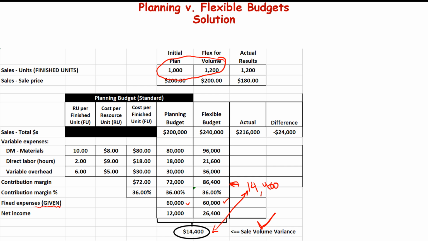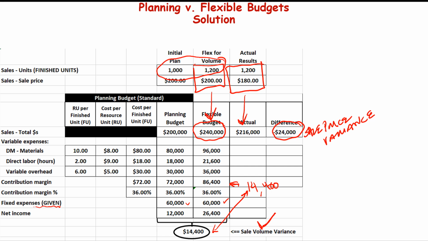The other one you get is a sale price variance. Here it's 24,000. Be a little careful, okay? Because this one is the difference between my flexible budget or expected sales, 1,200 times the 200, compared to the 216, which is the actual results. 1,200 times the 180 gets me the 216.